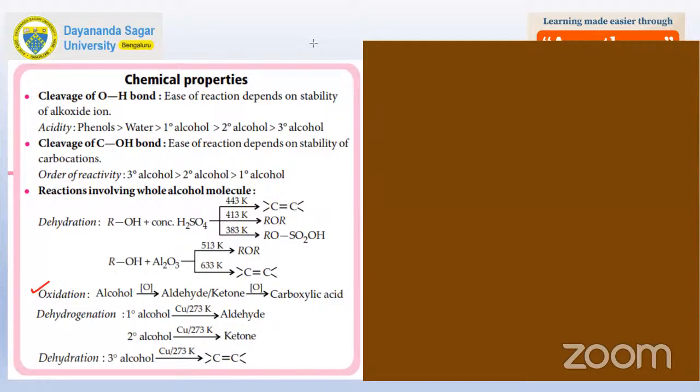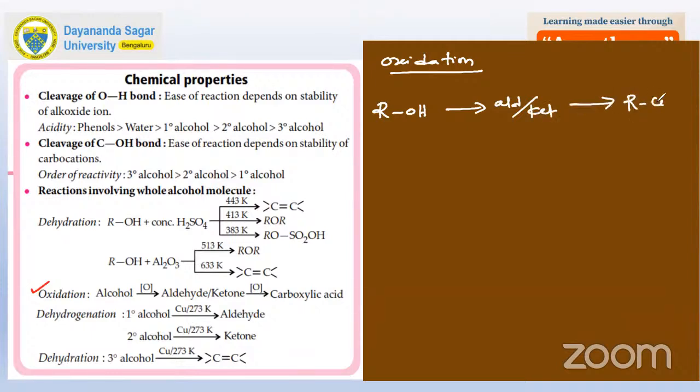Let me take a small chalk piece. What will happen when alcohols undergo oxidation? Usually they form aldehydes or ketones, and then further they form carboxylic acid. This happens only with a strong oxidizing agent.